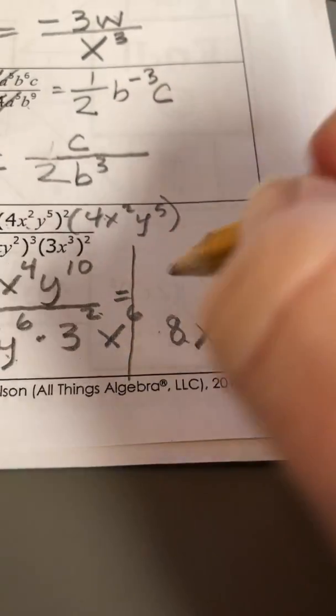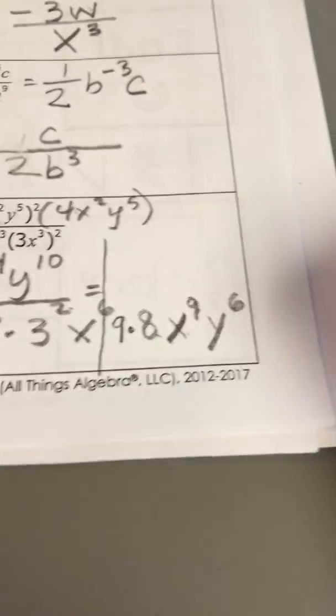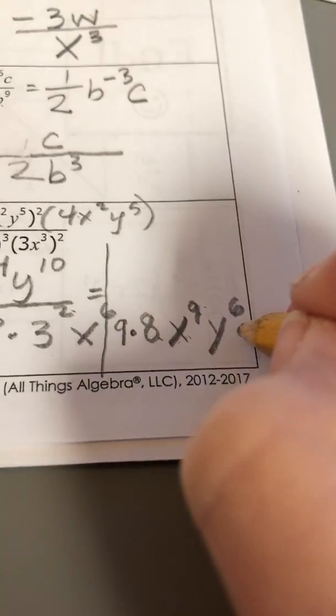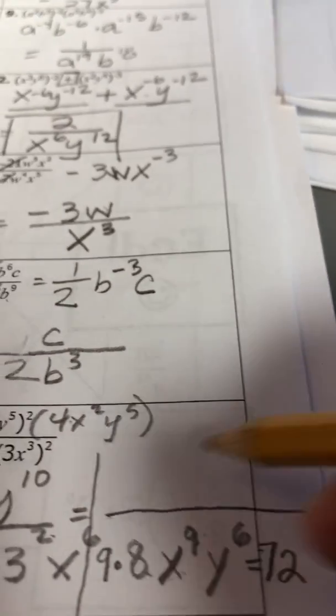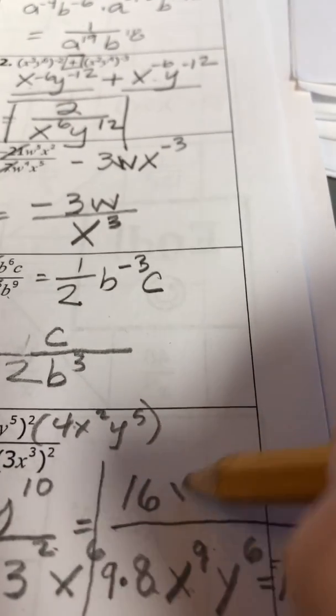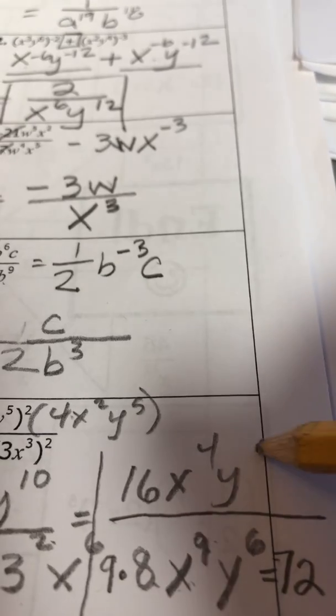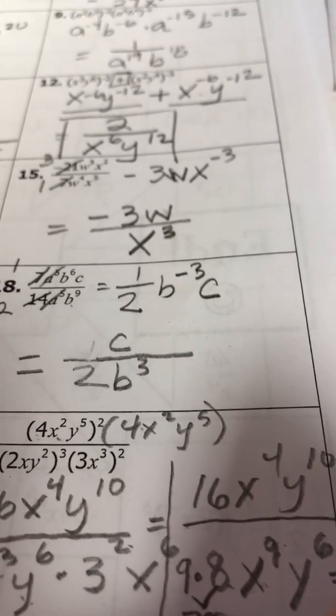Here, I'm going to draw a little line. 9 times 8. On the bottom, I'm going to end up with 72. I'm going to rewrite this later in just a minute. On the top, I ended up with 16x squared y to the 10th power. And I'm going to hold on to these.